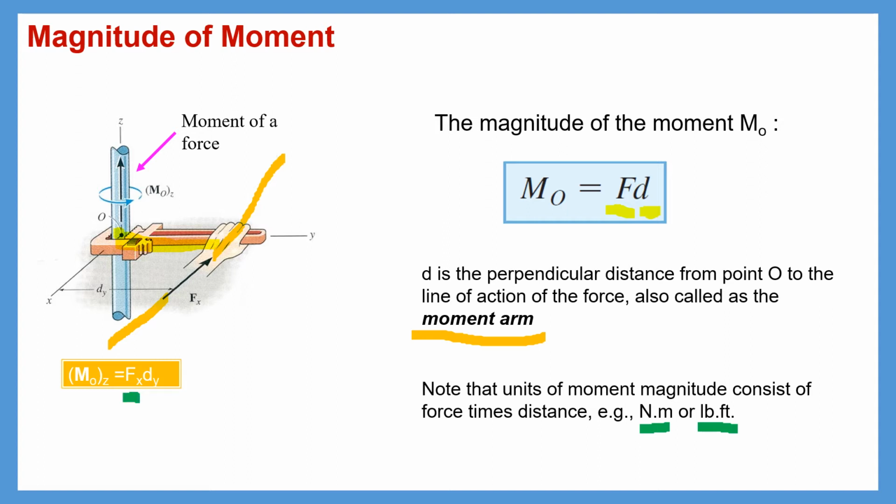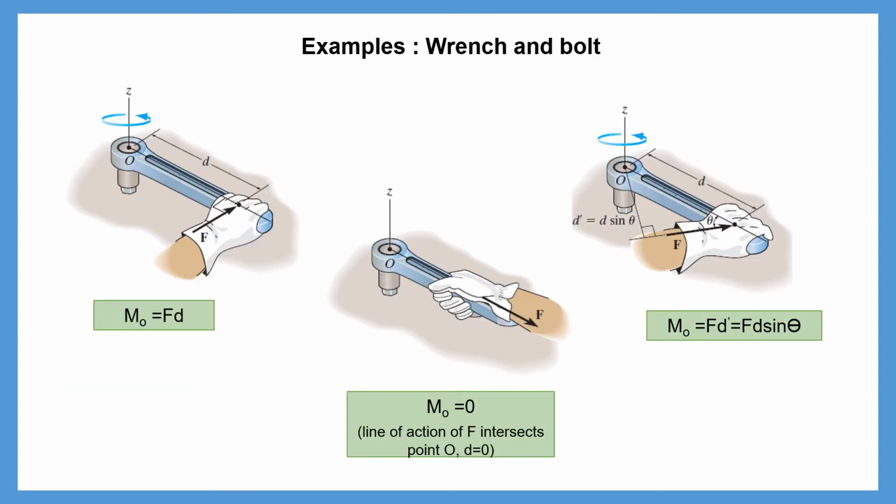If we know the perpendicular distance between point O and F, let's say here dy, then we can calculate the moment generated at point O. Here there are some good examples to understand the concept of moment.